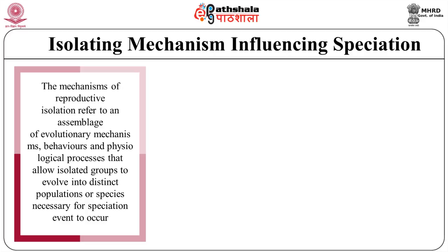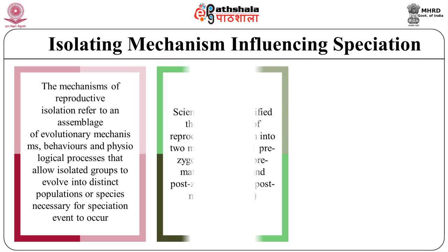These reproductive barriers inhibit the mating between the members of different species or ensure that if mating occurs, the offspring are non-viable or infertile. Hence, reproductive barriers guard the integrity of a species because these barriers restrict and inhibit the gene flow between the related species.